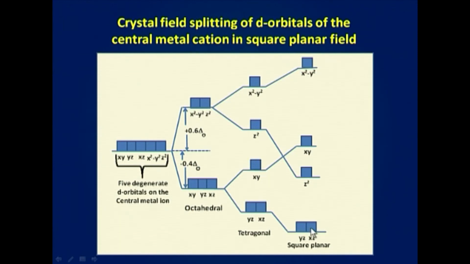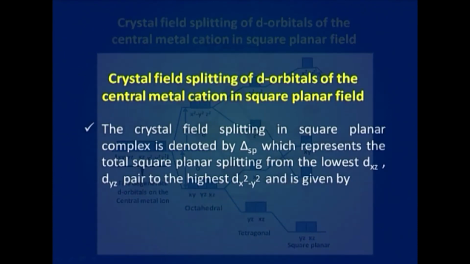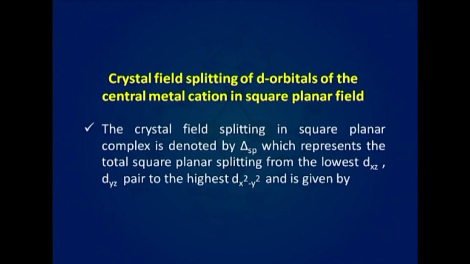In the square planar field, the energy of dyz and dxz orbitals further decreases and also the energy of dz square decreases, but the energy of the dxy orbital increases and that of the dx square minus y square orbital also increases. The crystal field splitting in a square planar complex is denoted by delta Sp. Here the subscript Sp represents square planar.